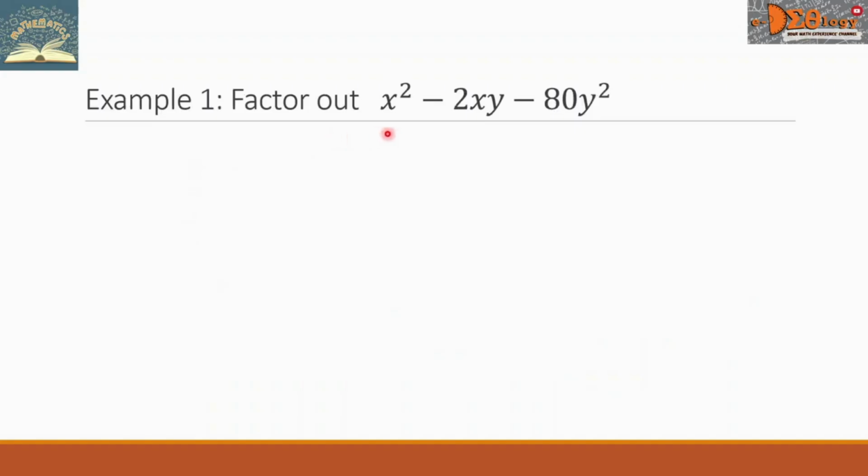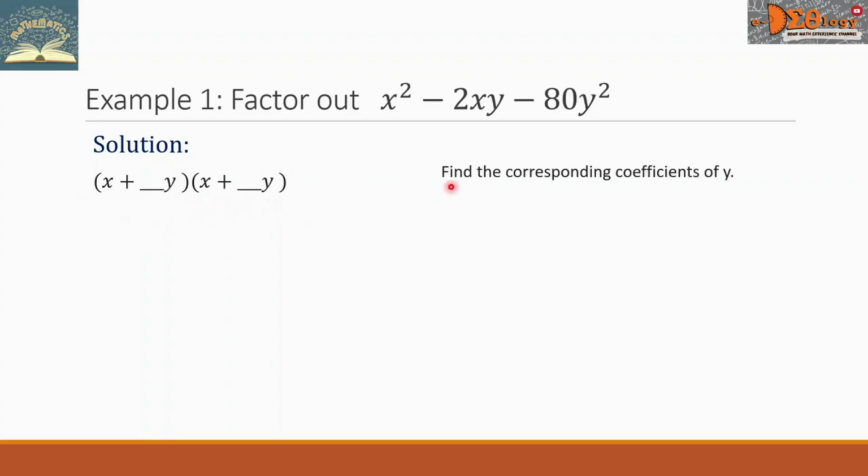Factor out x squared minus 2xy minus 80y squared. First, we write the factors as x plus blank y times x plus blank y. We're going to find the corresponding coefficients of y.